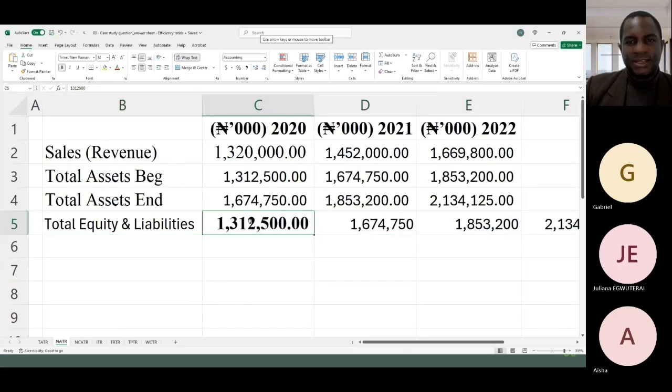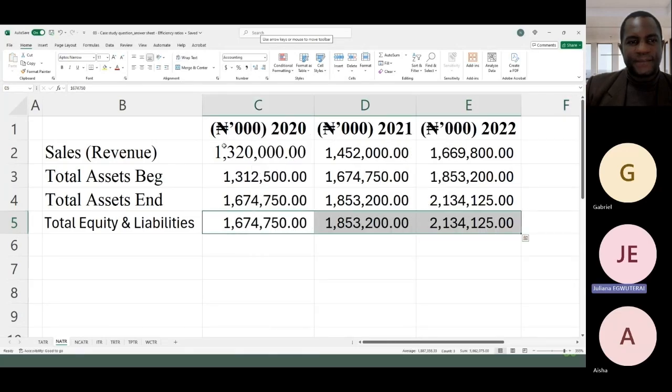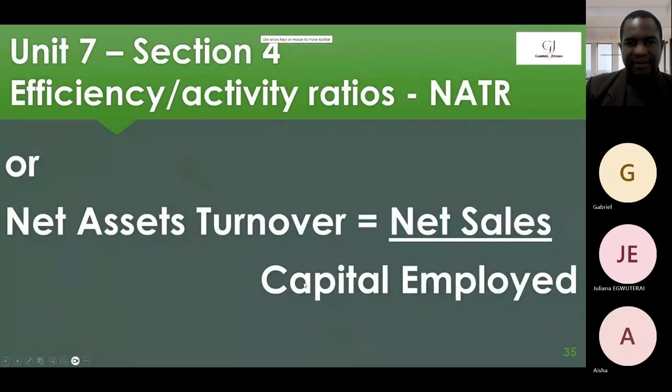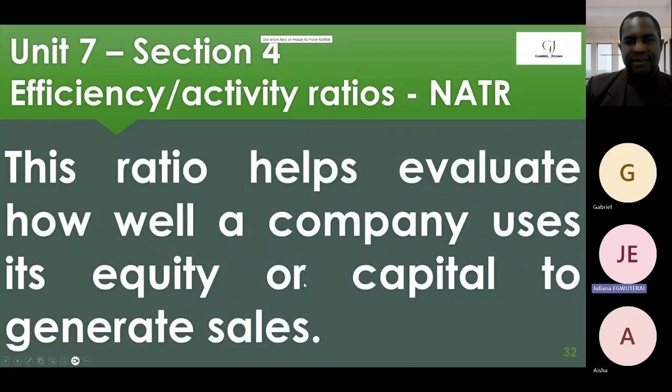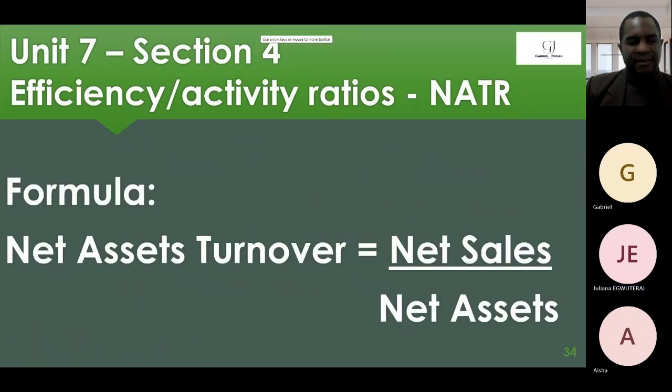So this is the beginning, so we use the ending. It's net sales over net assets.